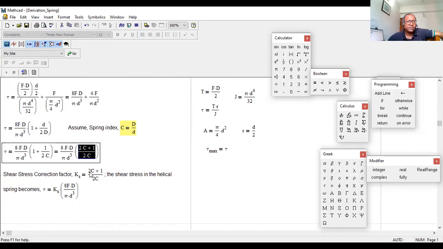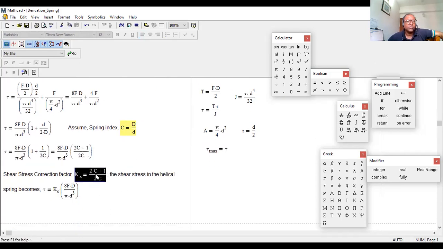Now, this value we can designate by a correction factor Ks. So tau equals Ks 8FD by pi d cubed. So this is the shear stress formula in a spring.